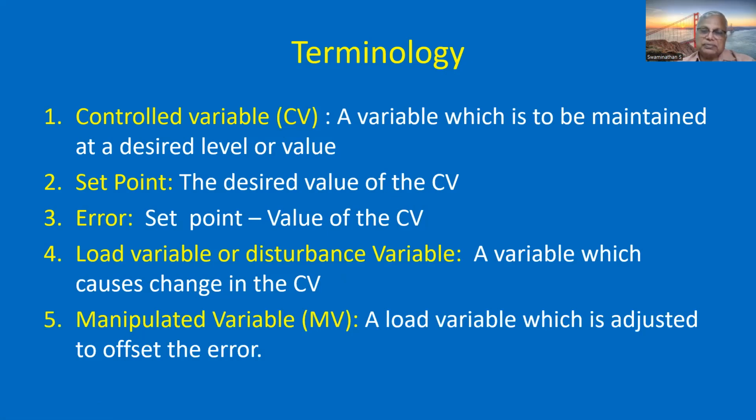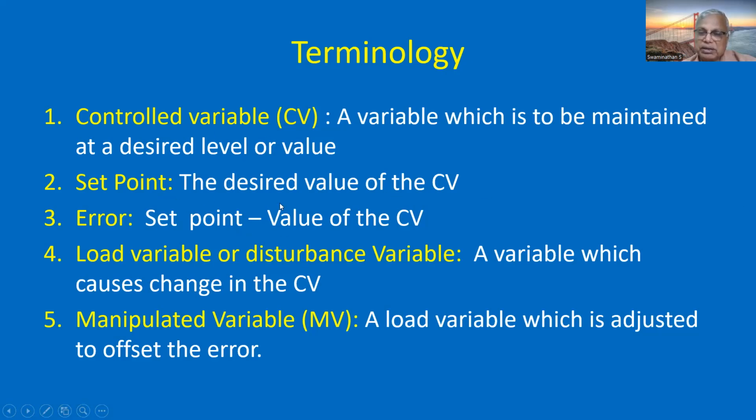So the load variable can cause a change in the control variable. External disturbances in the load variables can affect the value of the control variable, so there can be an error. The control system should compensate this error and restore the value of the control variable to the set point.